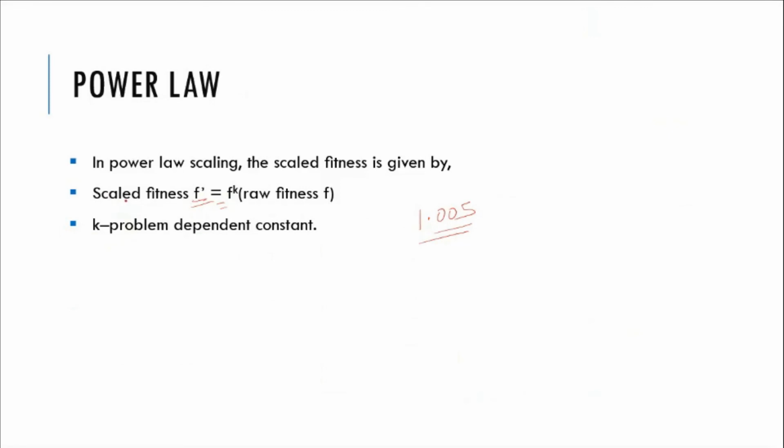In this case, the fitness values are raised to some power, that is K. But here also there is a problem of the fitness values having a very wide range. If the fitness value of some particular individual is very large and some others have a very low value, then when we raise it to the power, the difference actually increases.